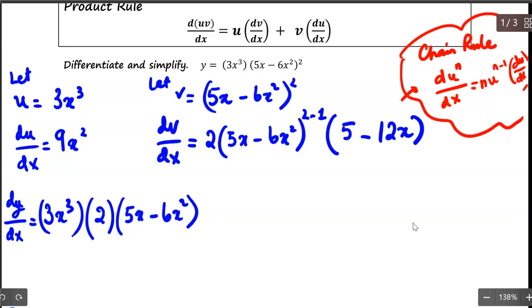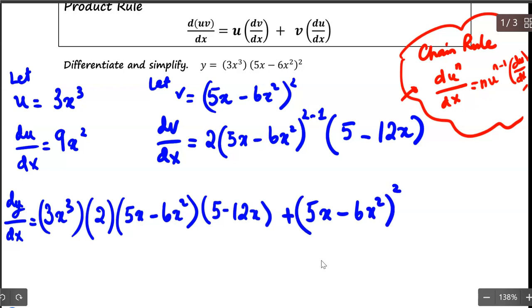At this time I will not write the 1 because the 1 is invisible, and we have to assume that it's a 1 when there isn't any exponent here. And I will add that with the V, which is 5x minus 6x squared, all of it raised to exponent 2, and I multiply that with du over dx, which is 9x squared.